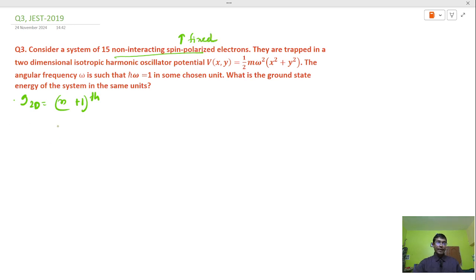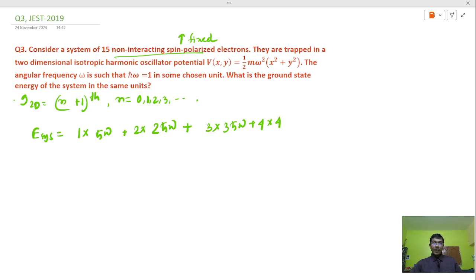So the energy of the system: the first particle has energy 1 h cross omega, two particles have 2 h cross omega, where n equal to 0, 1, 2 and so on. For n equal to 0, 1 h cross omega; n equal to 1, 2 h cross omega, plus 3 for n equal to 2, 3 h cross omega, plus 4 for n equal to 3, 4 h cross omega, plus 5 for n equal to 4, 5 h cross omega.